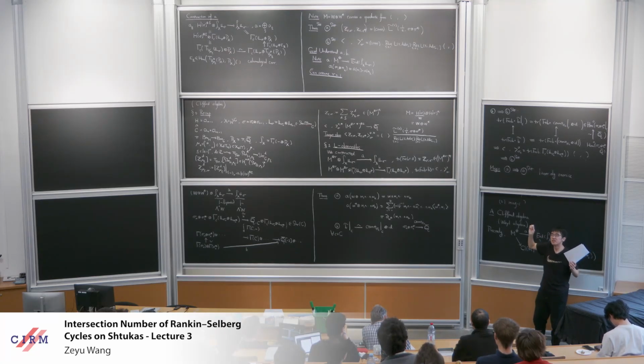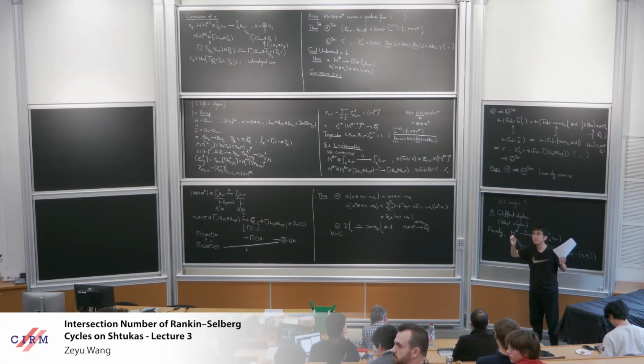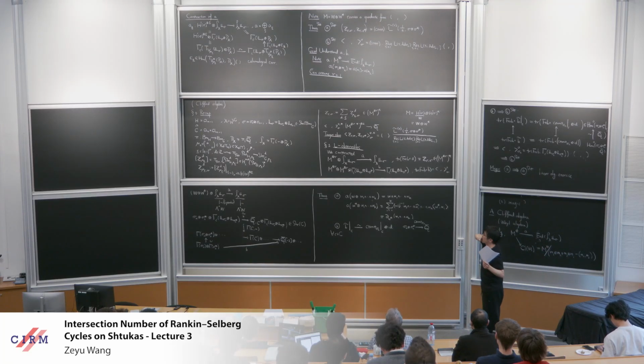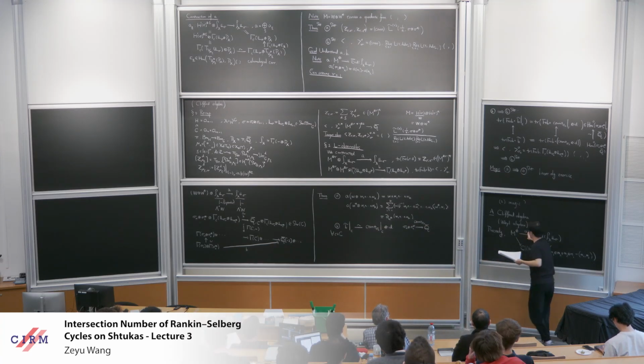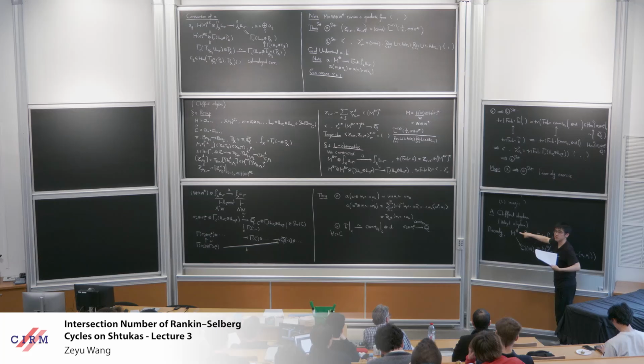May I ask? I should have asked it earlier, but you said you can assume that R equals 1. Can you say why? Oh yes. It's because this A is really an algebra homomorphism, which means that it's associative.